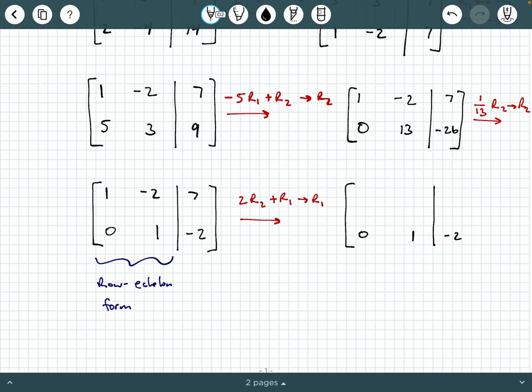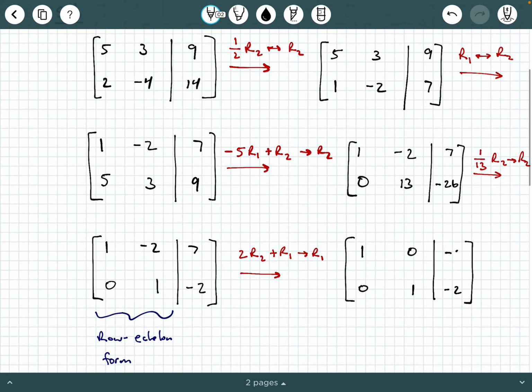But what happens to row 1? So we've got 2 times 0 plus 1 is 1. And then we've got 2 times 1 minus 2 is 0. And then we've got 2 times negative 2 is negative 4 plus 7 is positive 3, okay? And that's it.